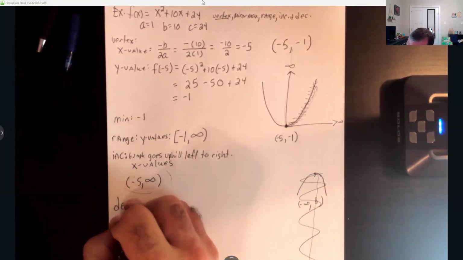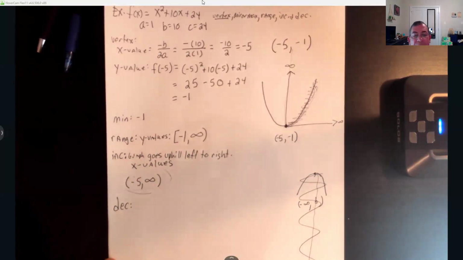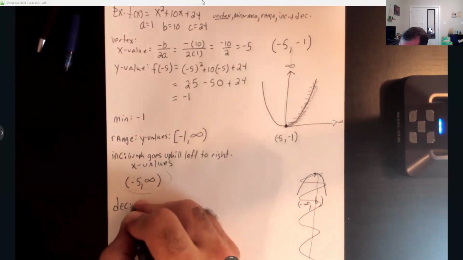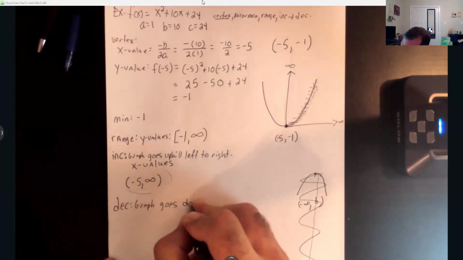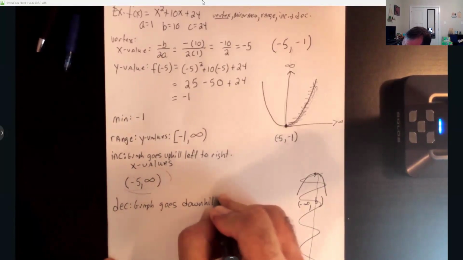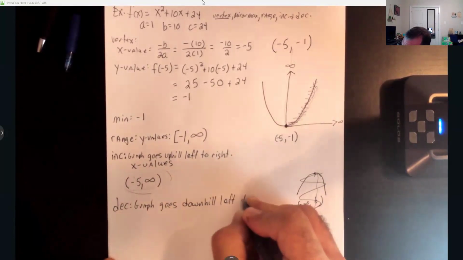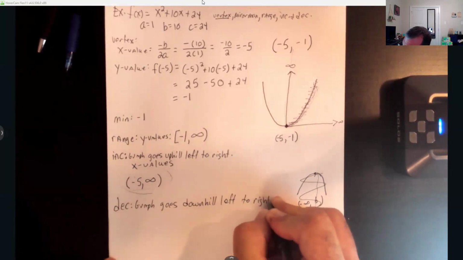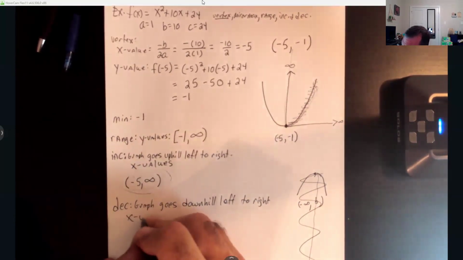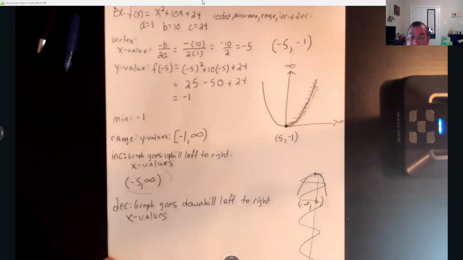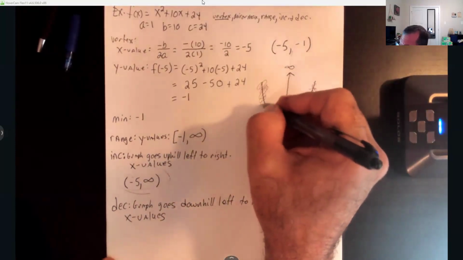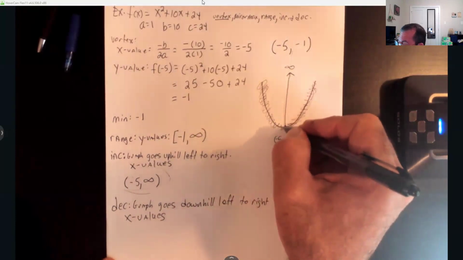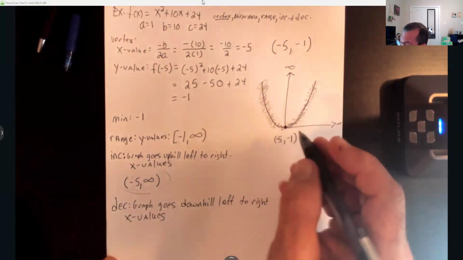And y'all look here for the decreasing. That's the part of the graph where it goes downhill left to right. And we're still concerned with x values. So for that, this side of the graph right here is going downhill as I go left to right.